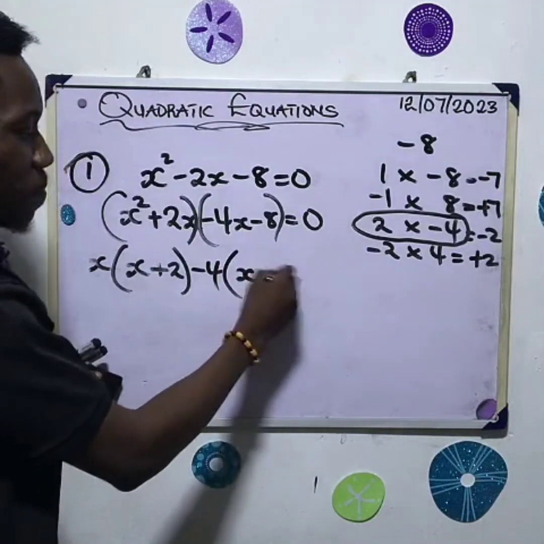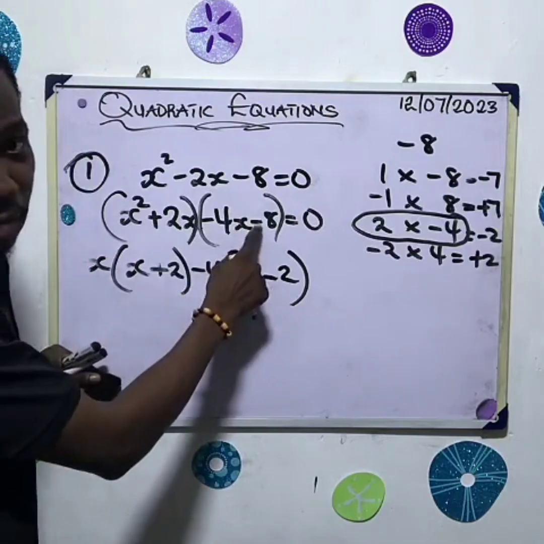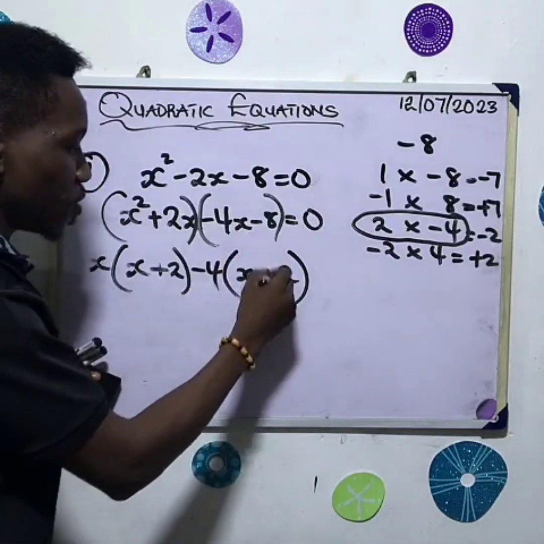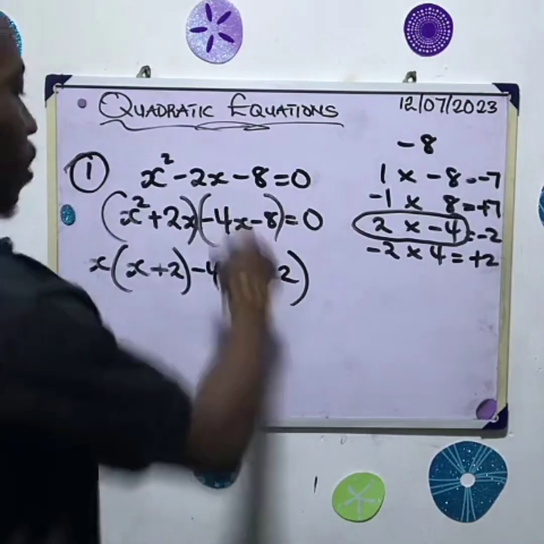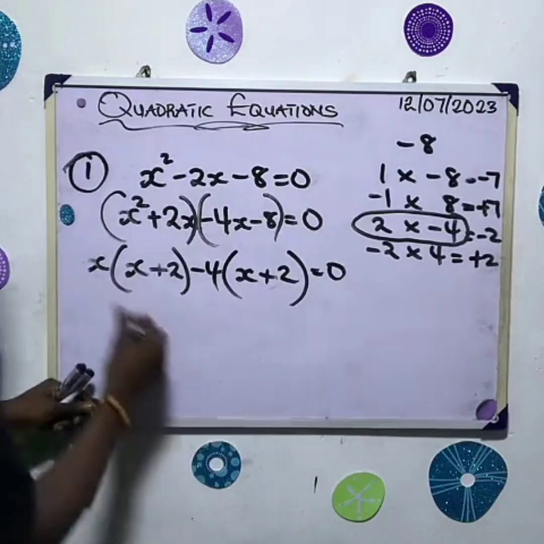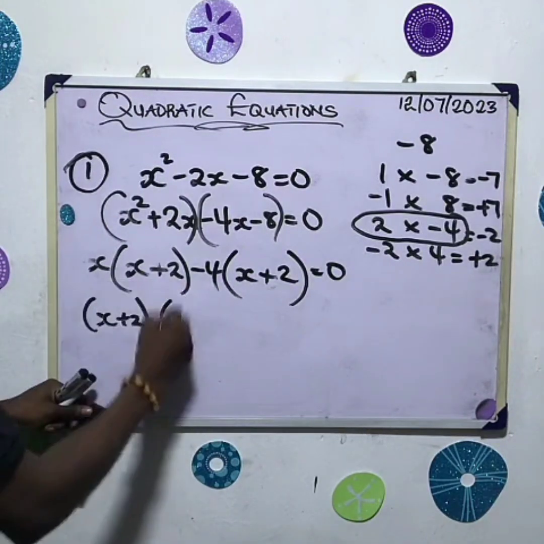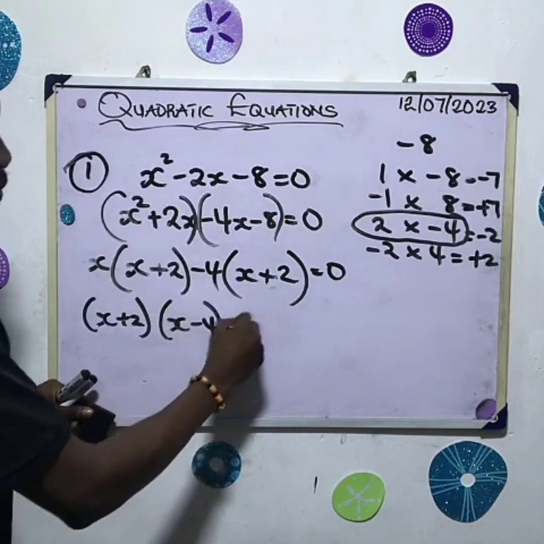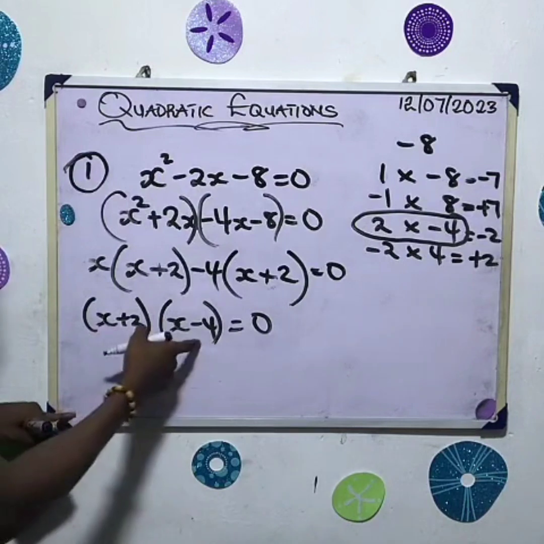Note, this is not minus 2, because minus times minus will give you plus, but this is minus, so this will be plus. Minus times plus will give us minus. So 4 times 2, 8, that's it. So equals 0. Alright? Now they are the same. So we have x plus 2, and then bring these, we have x minus 4, all equals 0. So this equals 0, or this equals 0.